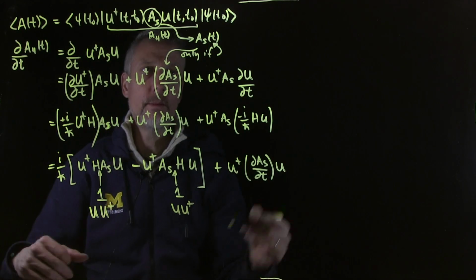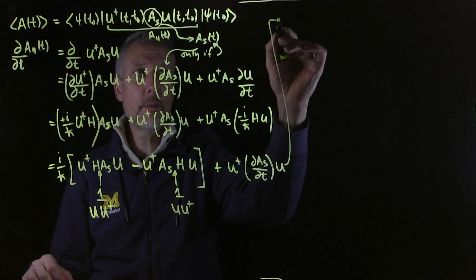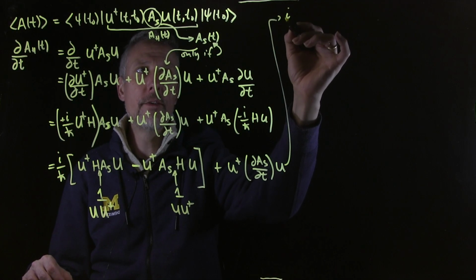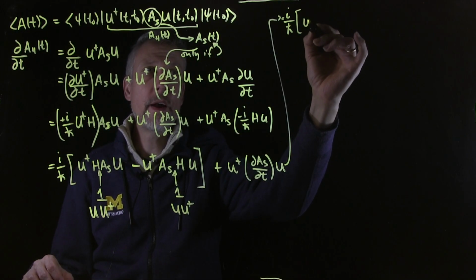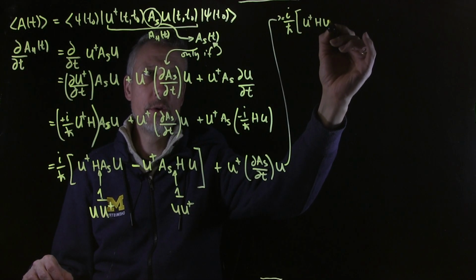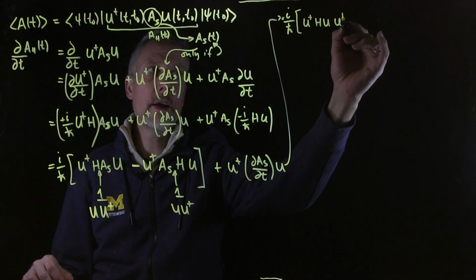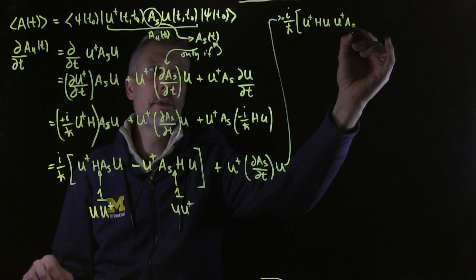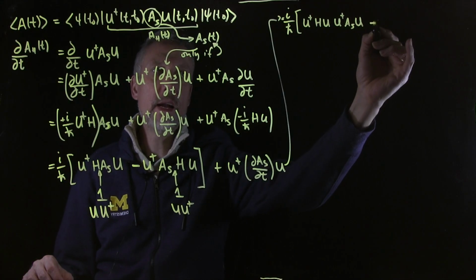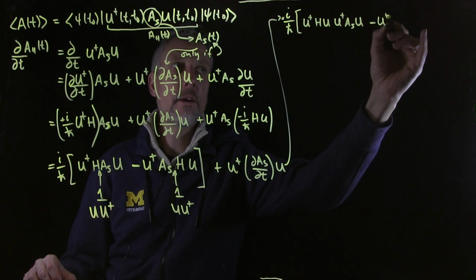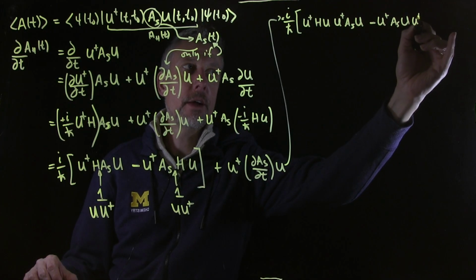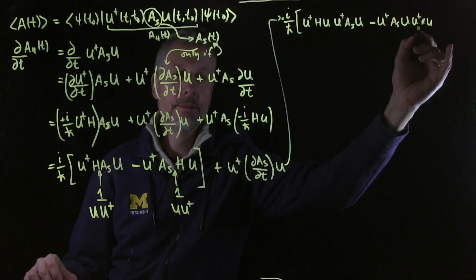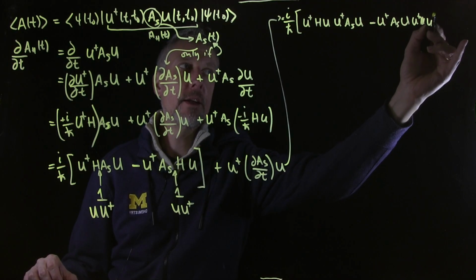All right, when I do that, what do I get? So I'll bring this up here. I have i over h bar, I have u dagger H u, I have u dagger A_S u minus u dagger A_S u, u dagger H u. Right, that's my first term.